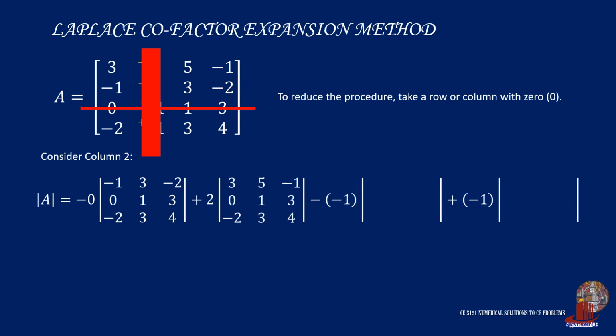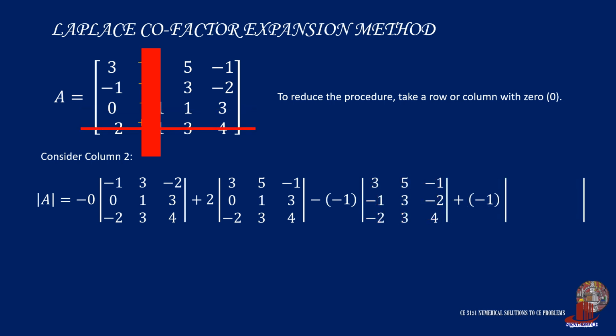The elements when the third row is covered are 3, 5, negative 1, another negative 1, 3, negative 2, then negative 2, 3, and 4. If the fourth row is covered, the remaining elements to complete the matrix determinant are shown as 3, 5, and negative 1, with another negative 1, 3, and negative 2, then 0, 1, and 3.